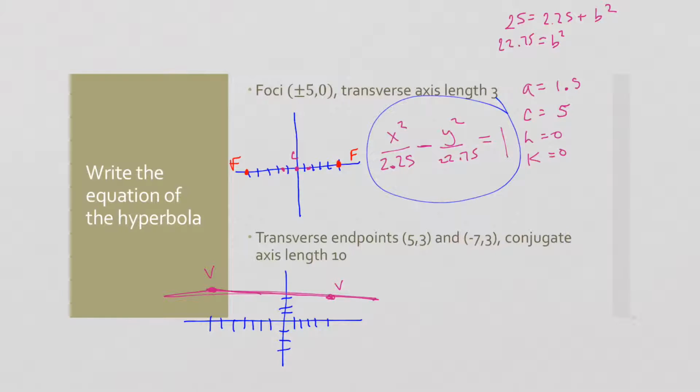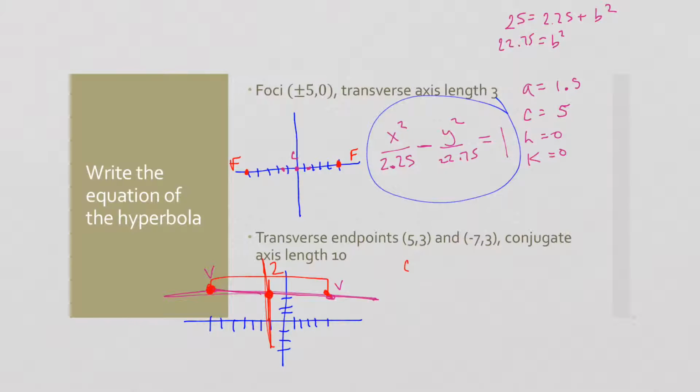So we figure out that from one vertex to the next is a total distance of 12, which means halfway through it is 6. So our center ends up here.